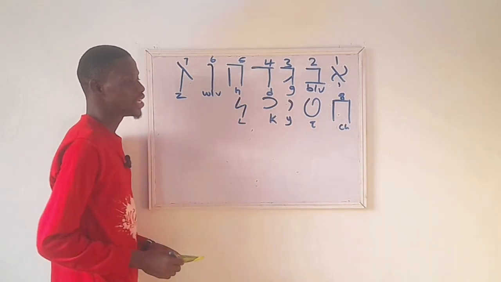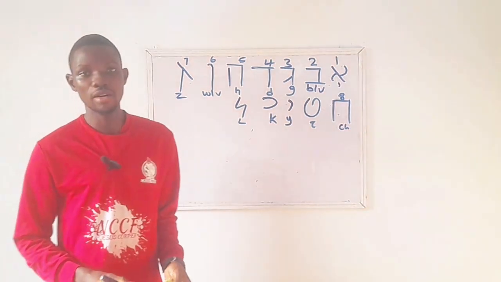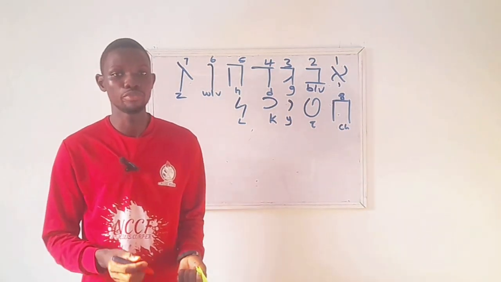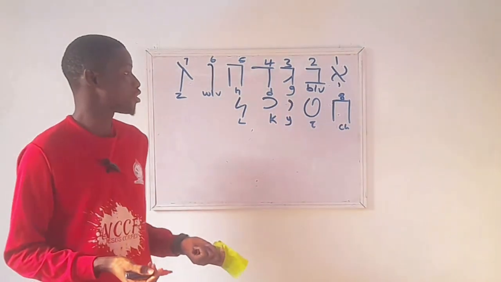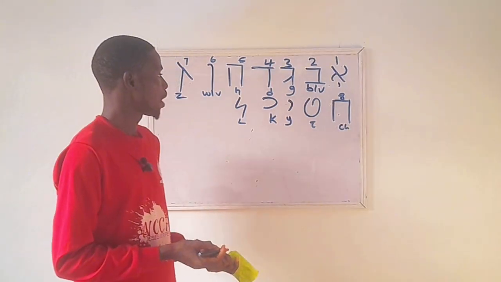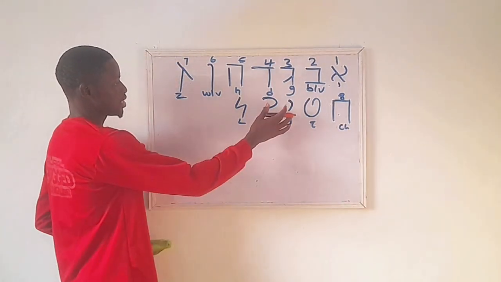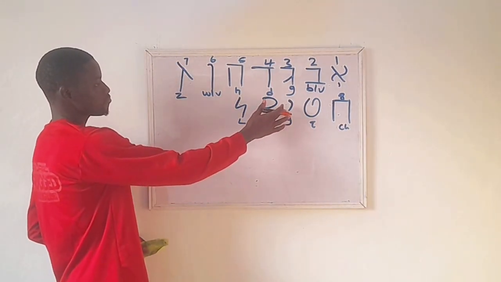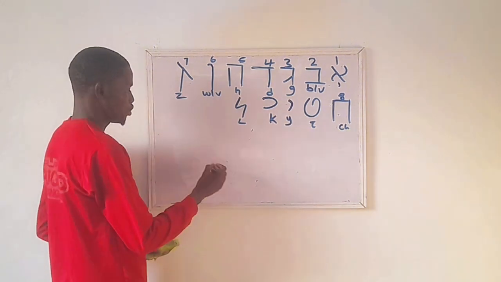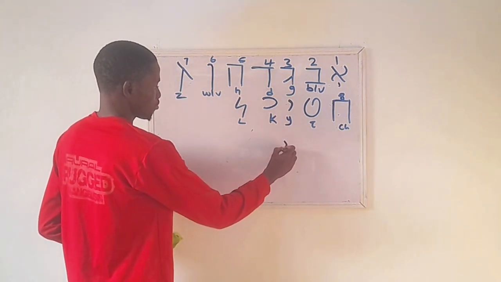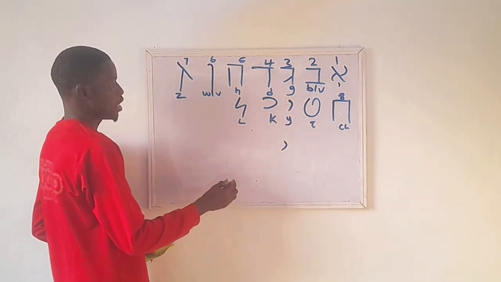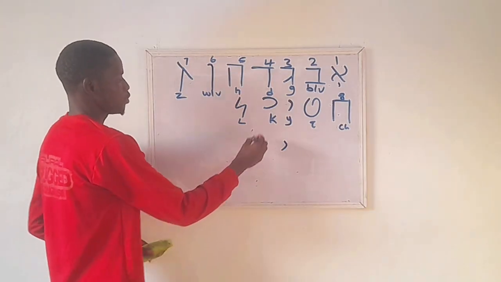So with this now we can write the most powerful name in the Hebrew Bible, among the Igbo people, and even to us Christians. If you take the 10th letter, which is Yod, then we take our 5th letter, which is Hey.